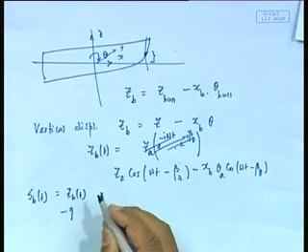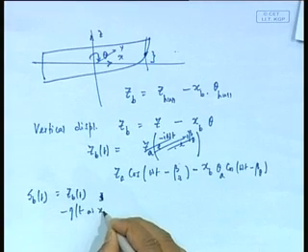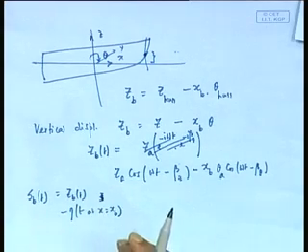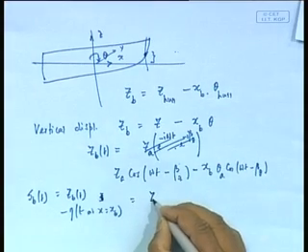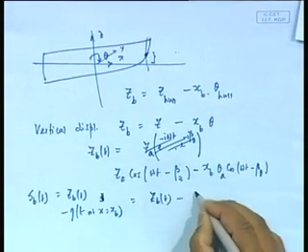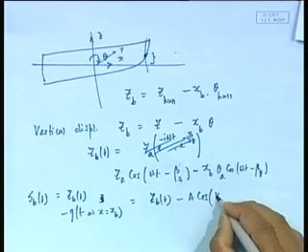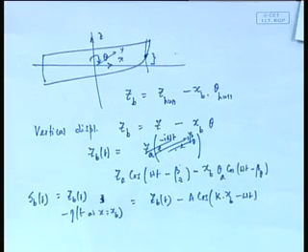minus eta(t), remember, at x equal to x_B, this becomes Z_B(t) minus A cos of (k x_B minus omega t), that is kx minus omega t taken at x equal to x_B. Why am I doing all that?